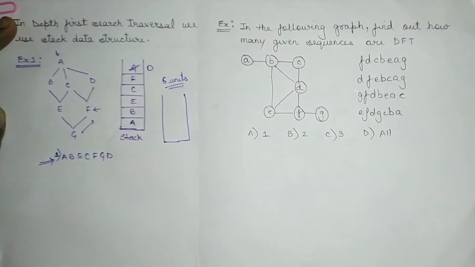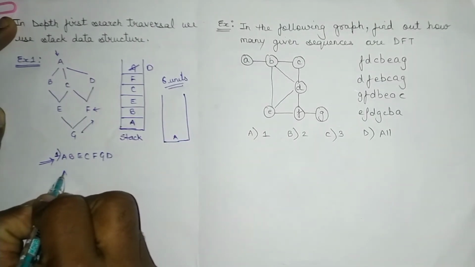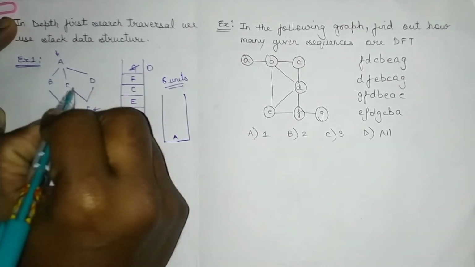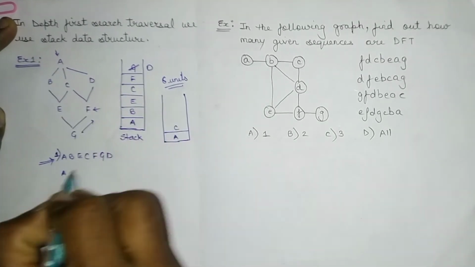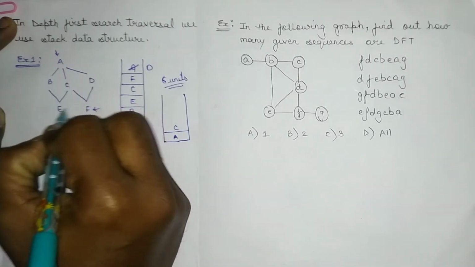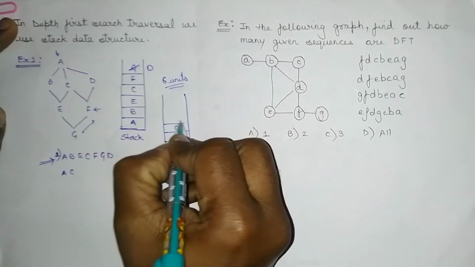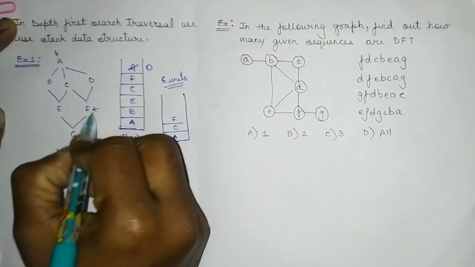So let's say again I'm starting from A. A will be inserted and A will be printed. Now let's say this time I'm taking C. So C will be inserted and C will be printed. After C, there are two adjacent, E and F. Let's say I am taking F this time. So F will be inserted. What are the adjacent of F?